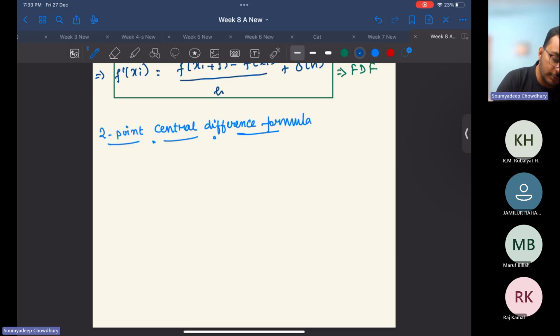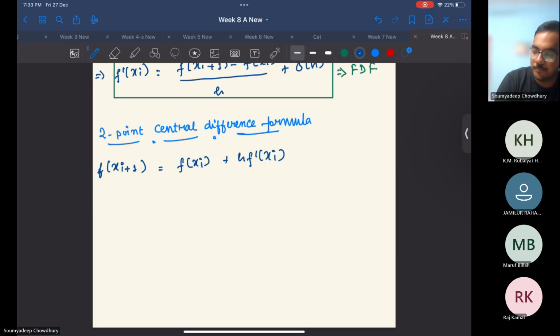For that, what we do is we write both f of xi plus 1 and xi minus 1. So what is f of xi plus 1? From the previous thing, we can write like this, right? f of xi plus h f dash xi plus, just up to the second term we'll write.